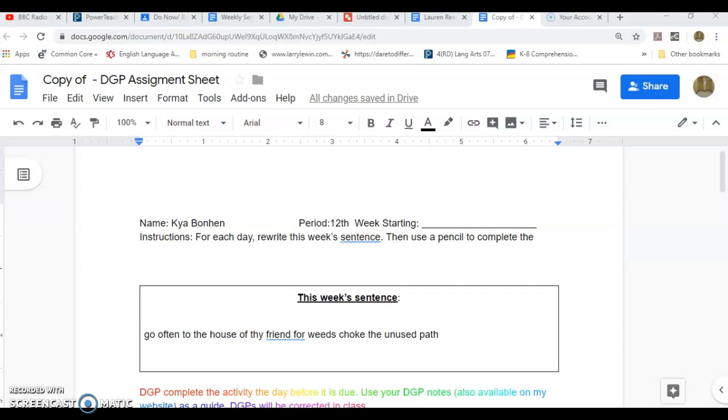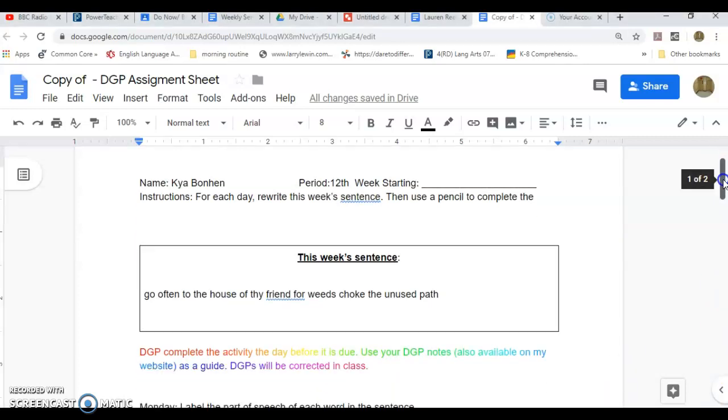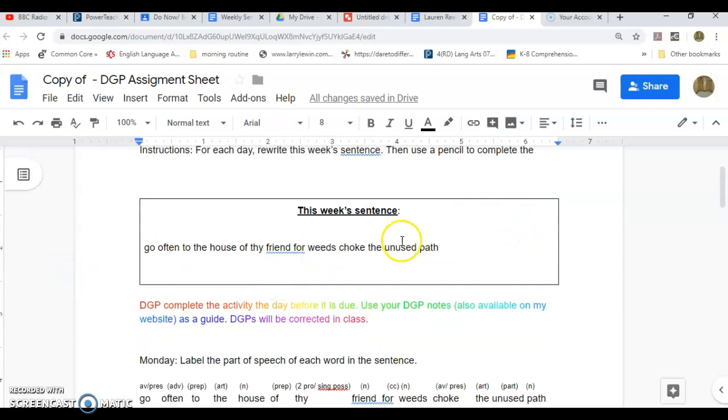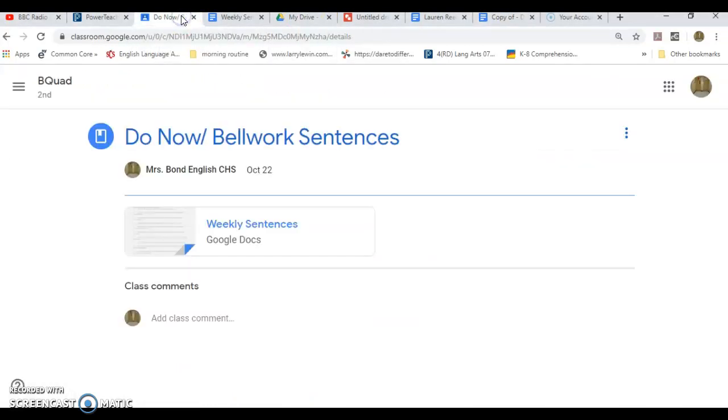All righty, so in your Google Classroom, you will have this DGP assignment sheet. This is very simple, guys. What you do is you copy and you paste your sentence into the block. You must copy and paste this week's sentence into your block. As you can see, this is last week's sentence, right? So what I did, I just went to the Google Classroom, clicked up here, went to the sentences, it opened up.